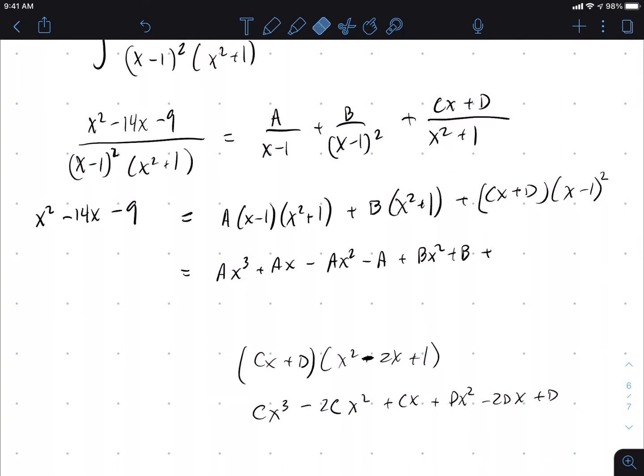Agreed? Yeah. So now I got to write that in: cx cubed minus 2cx squared plus cx plus dx squared minus 2dx plus d.